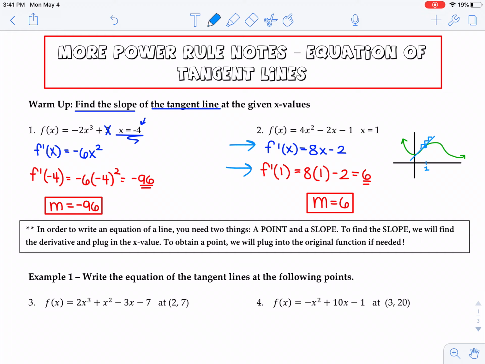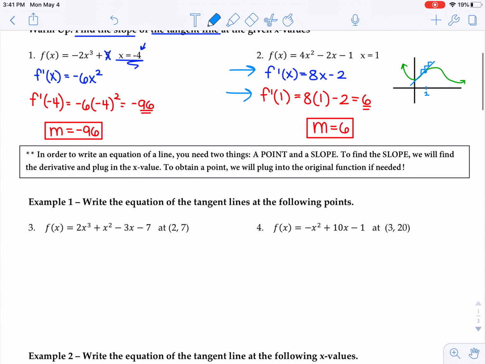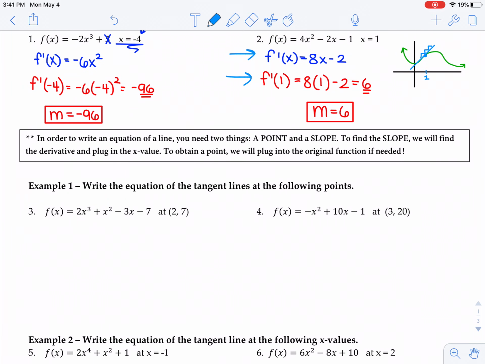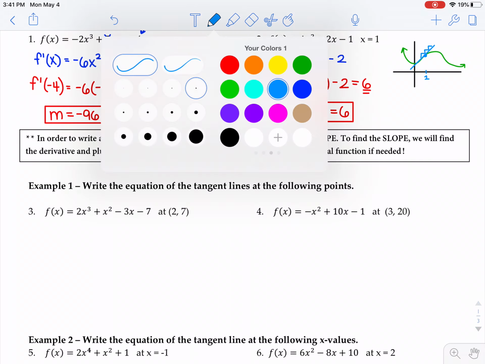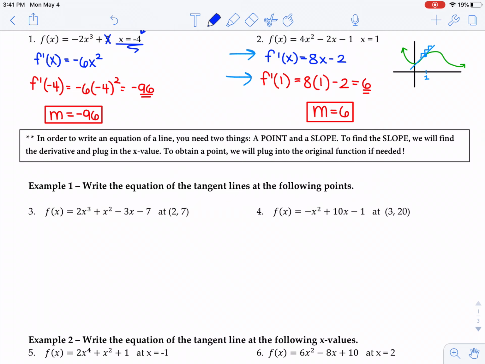So this really takes stuff we've learned since day 1 and applies it into calculus, which is pretty sweet. When you take a real calculus course, guys, what you will realize is that algebra 1, geometry, algebra 2, trig, precalc, it all funnels into calculus, and it's a beautiful, beautiful thing.